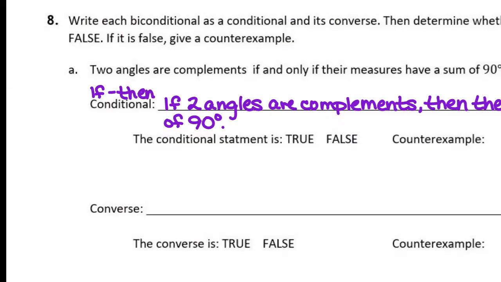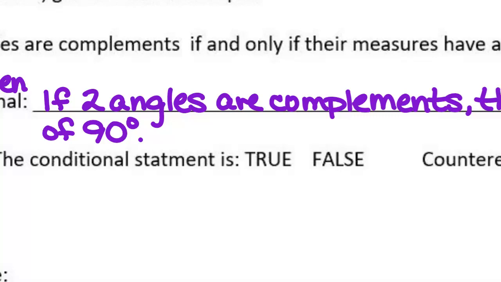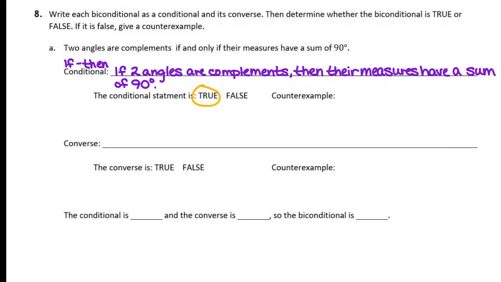Is that true or is that false? That's true, yes. If two angles are complements, then their measures have a sum of 90. So if I take their measurements and add them up, I get 90 degrees.